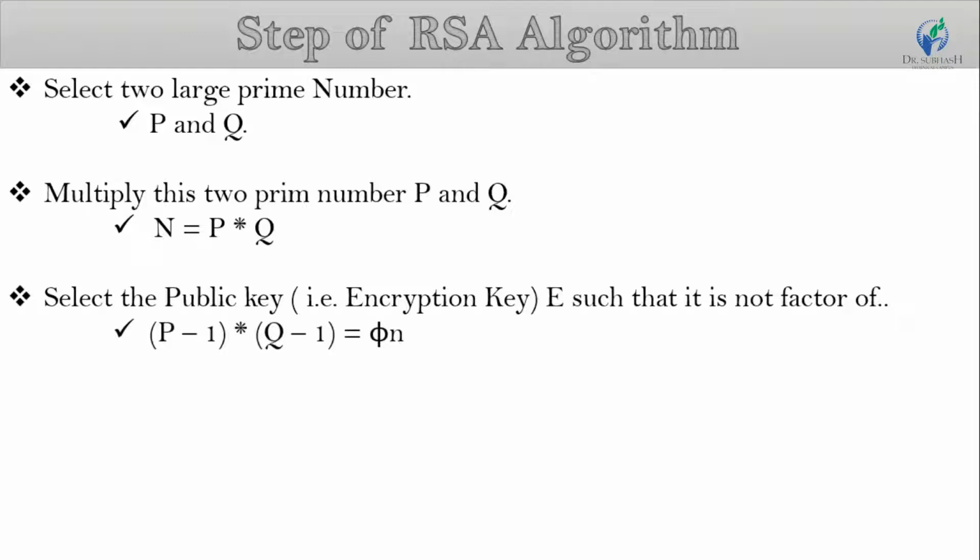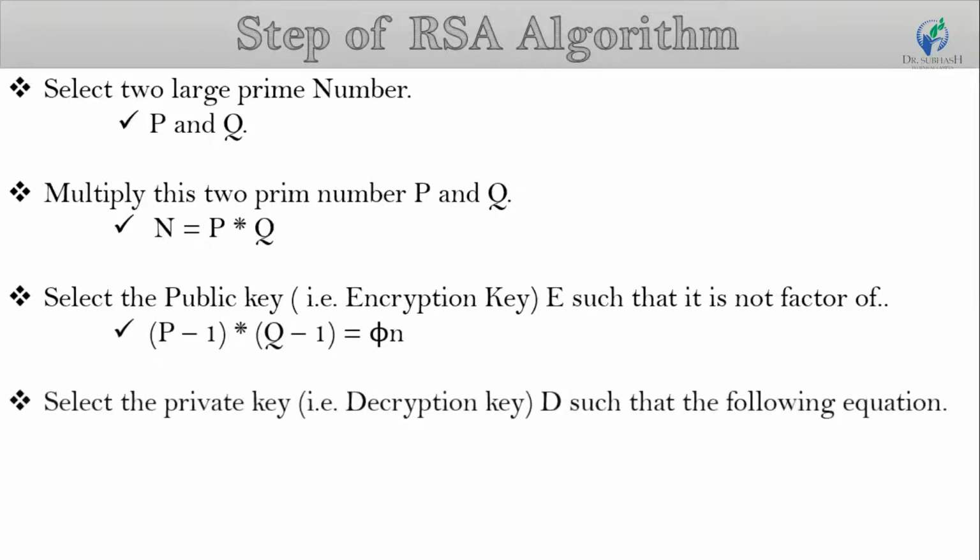Now in the next step, we select the private key, or we can say decryption key D, such that it satisfies the following equation. So D multiplied by E mod (P minus 1) into (Q minus 1) is equal to 1.